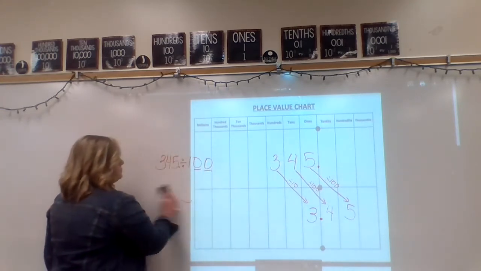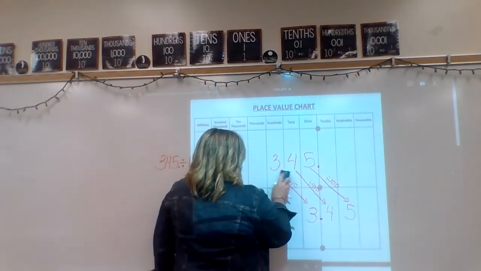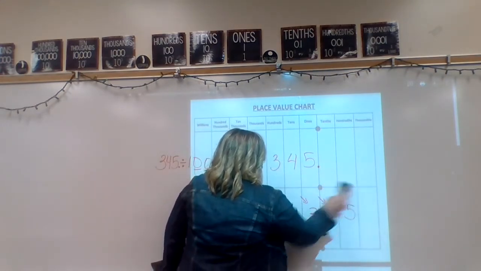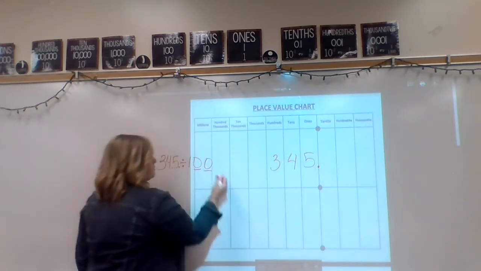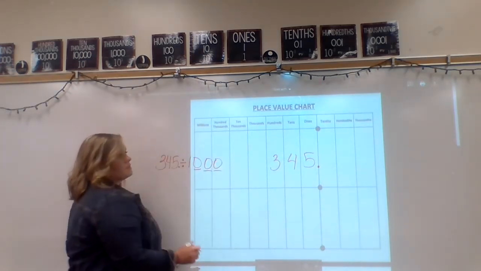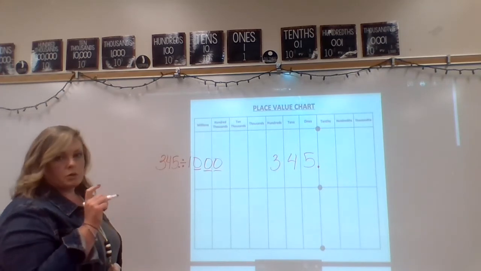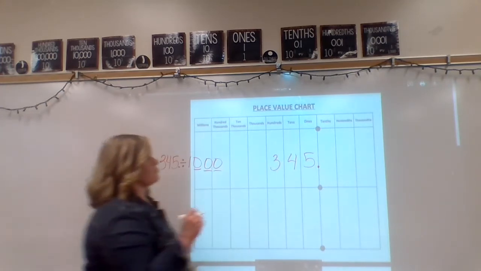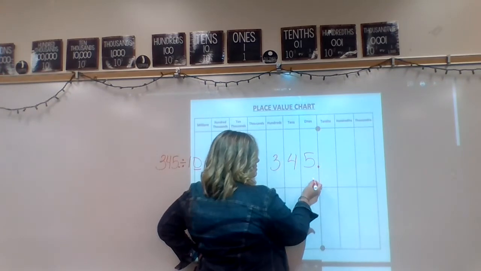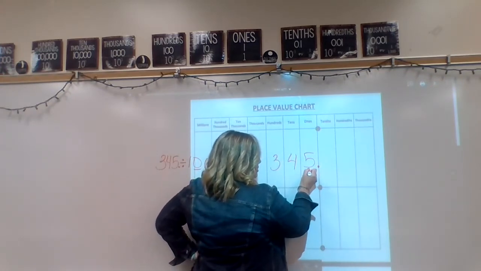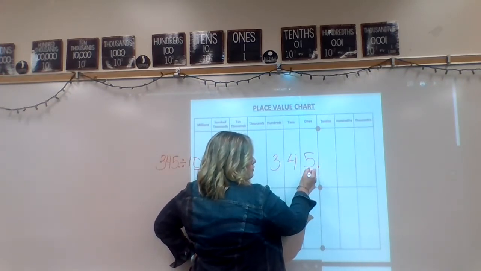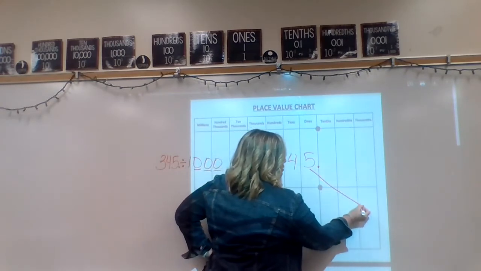One more example. Start with 345, and this time, let's divide it by 1,000. 3 zeros. Hopefully you're already noticing the fact that now we're going to move 3 places. So 5 ones divided by 1,000 is going to tell us that we're going to move our 5 3 places. 1, 2, 3.